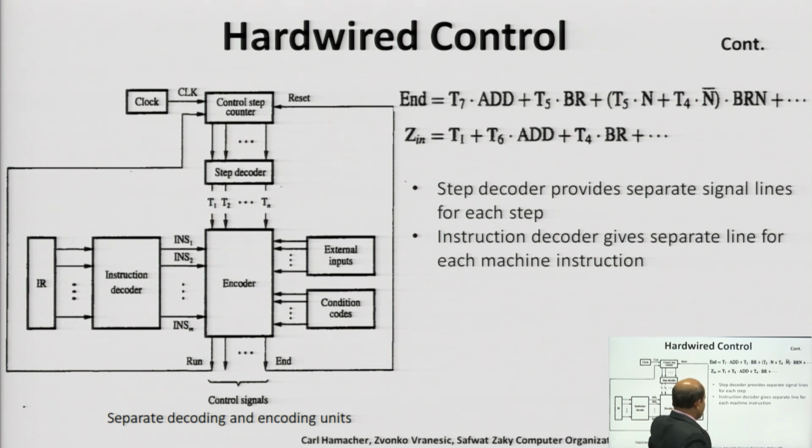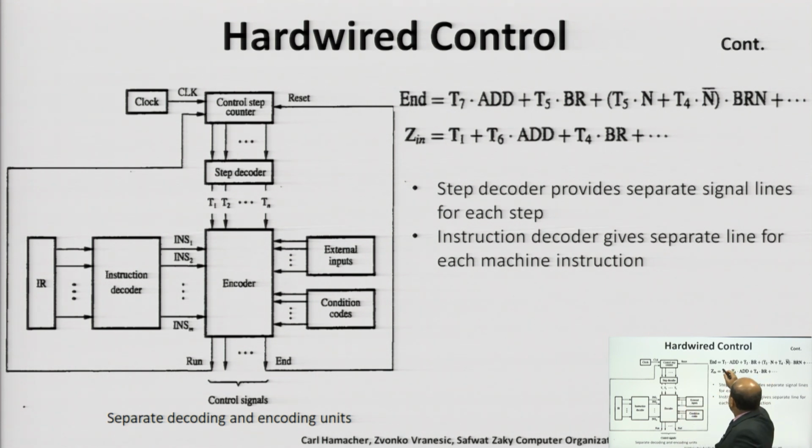Here in this particular diagram, encoder and decoder are separated and their operations are different. In this particular case, we can understand, for example, these commands are to be issued by this unit, commands like AND or Zin. So, we have seen in the previous example where these commands were issued by the control unit.